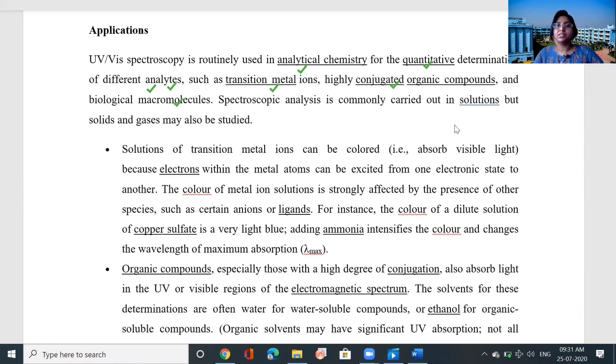Spectroscopic analysis is commonly carried out in solution, but solids and gases may also be studied.